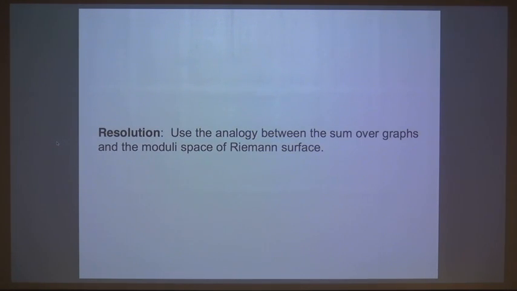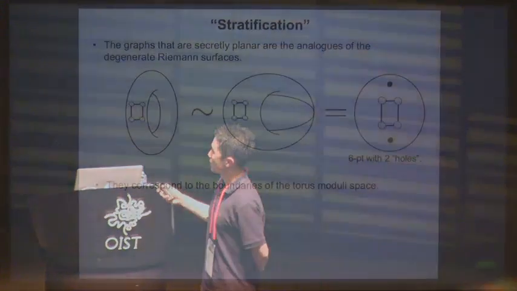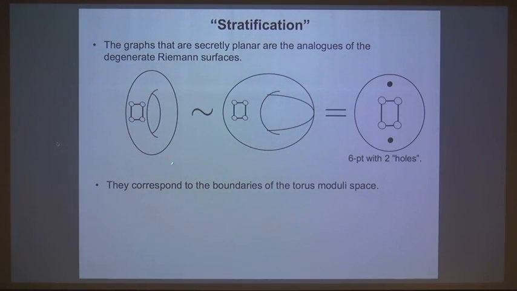The resolution comes from the analogy between the sum over the graphs and the integral over the moduli space of the Riemann surface. The idea is as follows. The graphs that are secretly planar that I wrote here are basically the analog of a pinched torus, because there are no connections around this handle.